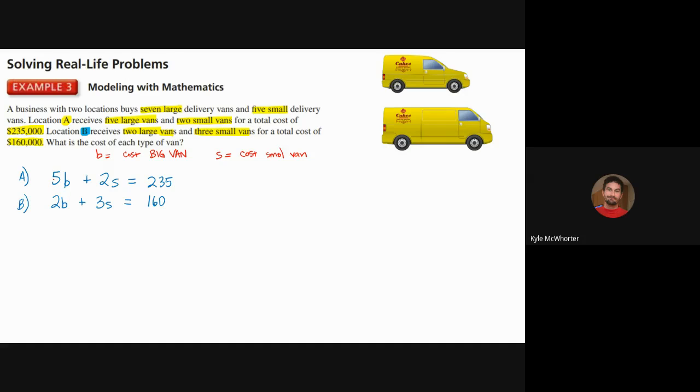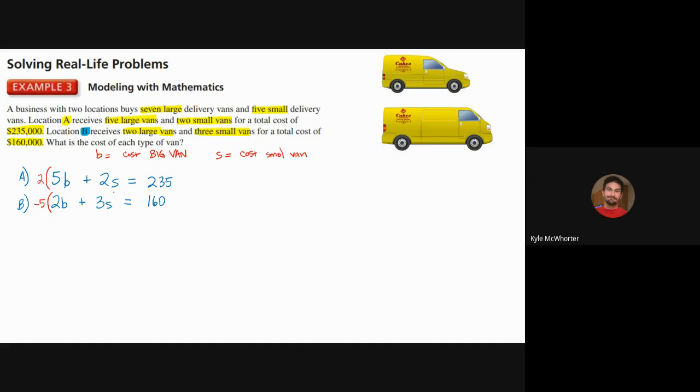Well, they both go into 10. So I could multiply the top by 2, because that would give me +10B, and multiply the bottom by -5, because that would give me -10B. That's one option.